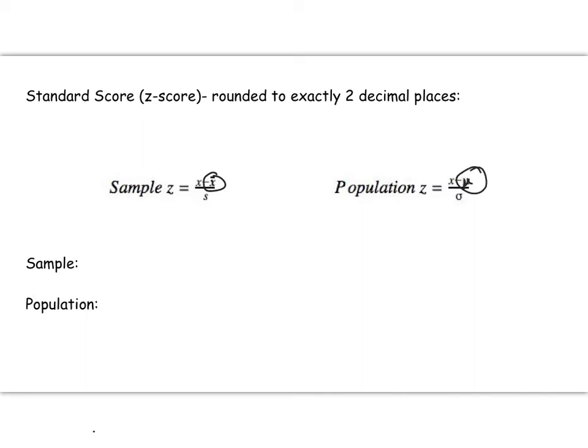In the denominator of our formula, we have an s. That is the standard deviation for a sample. And this is just the standard deviation for the population. So they're both calculated the same way, they just use different symbols to denote that one's a sample and one's a population.